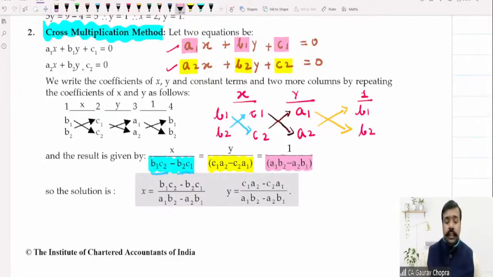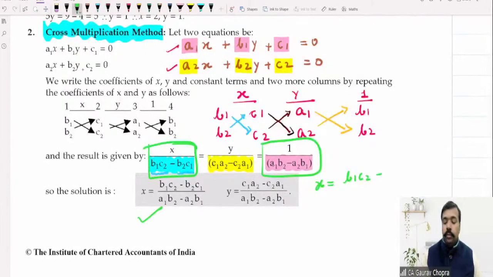When we compare these two portions, x and the constant, we get x equals b1 c2 minus b2 c1 divided by a1 b2 minus a2 b1.